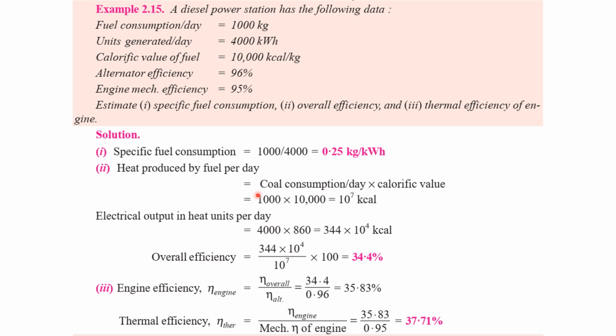Obviously this is wrong. The author has mistakenly written coal here; you should know that he means fuel. So the fuel consumption per day is 1000 kilograms, and the calorific value of the fuel is 10,000 kilocalories per kg. So the total kilocalories produced in a day by burning the fuel can be found as 10 to the power 7 kilocalories.